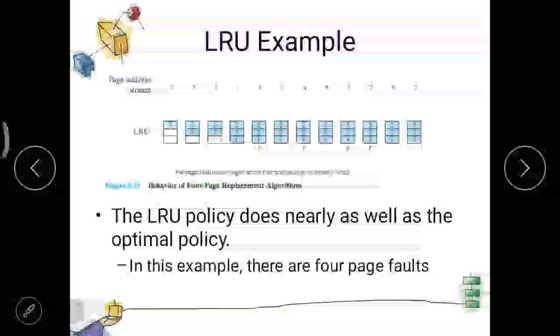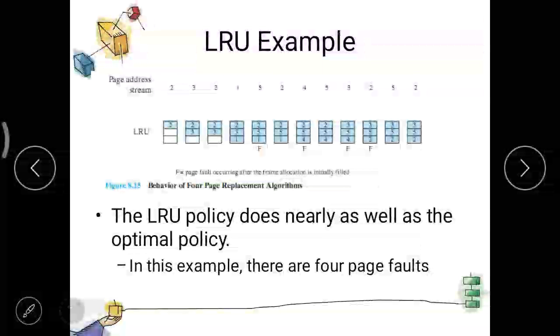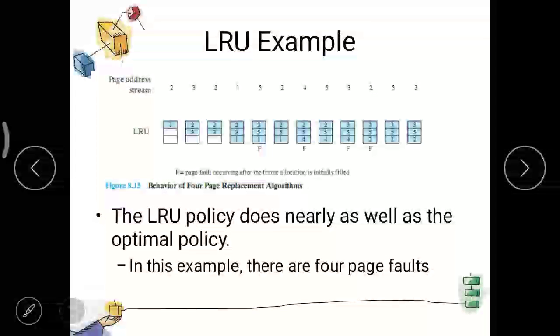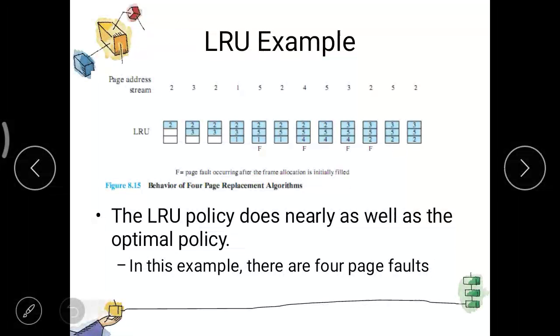For example, the same reference strings, page address streams, are used for LRU. So 2, 3, 2, and it goes on. Here, in the same way, initially we are not going to mark any of the page requests as a page fault. We will try to fill until it completely occupies the memory.